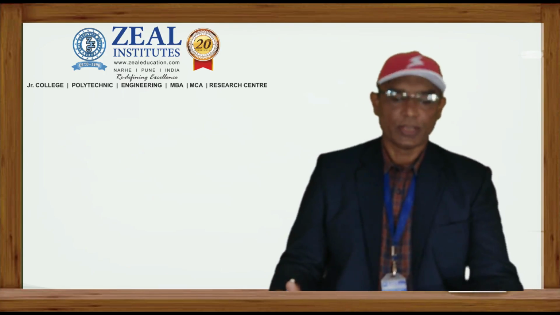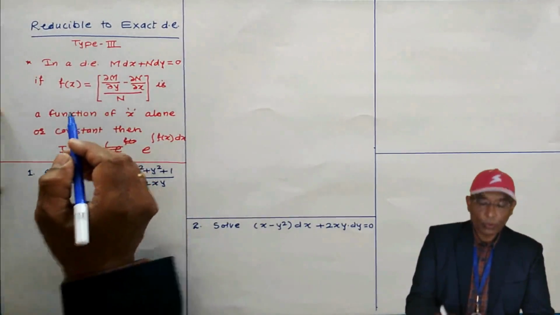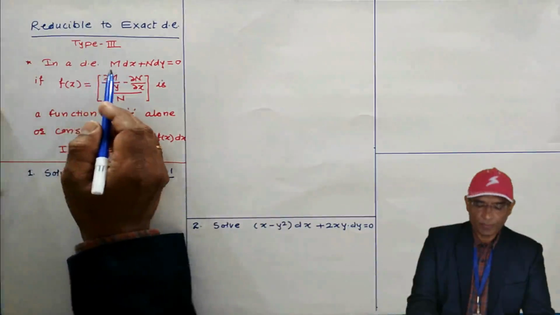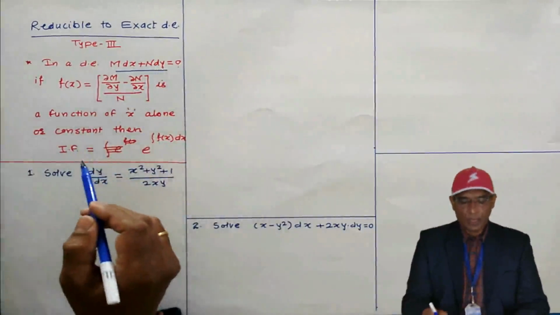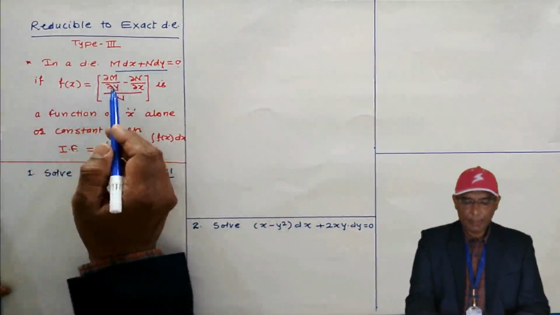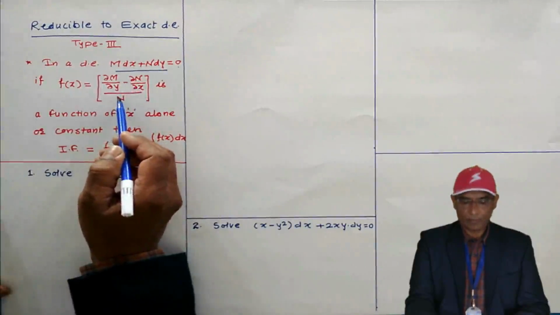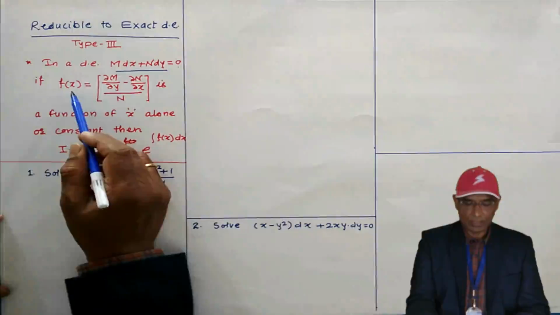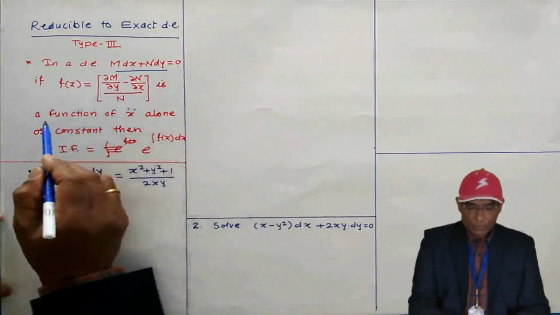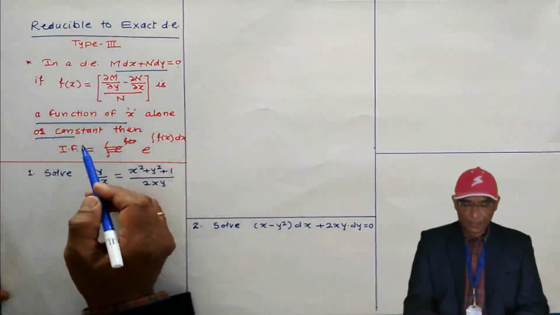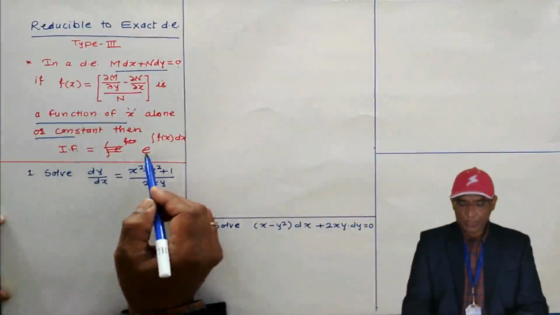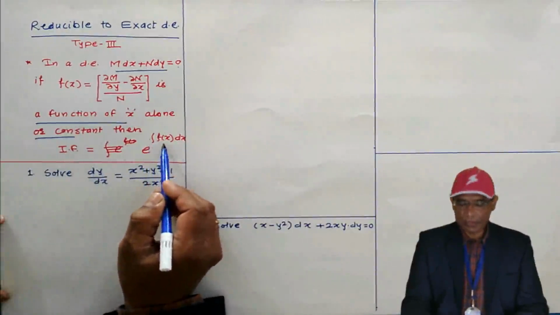Now the next integrating factor formula we are going to study to convert a given differential equation into an exact differential equation. In the differential equation M dx + N dy = 0, if f(x) equals (∂M/∂y minus ∂N/∂x) by N, and for convenience I am calling it f(x), and f(x) is a function of x alone or a constant, a constant can be treated as a function of x, then the integrating factor is e to the power integral of f(x) with respect to x.